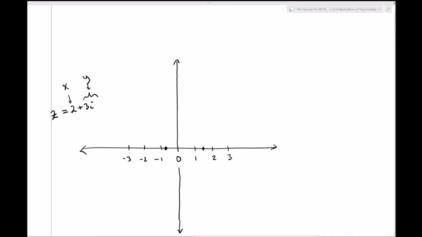Since imaginary numbers are multiples of i, and the multiple can take on any real value, positive, negative, irrational, rational alike, we're going to make another number line that represents a real number multiple of the number i. So we'll have x here, and we'll have y here.